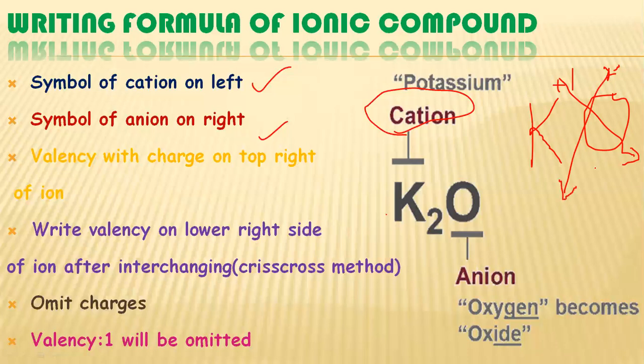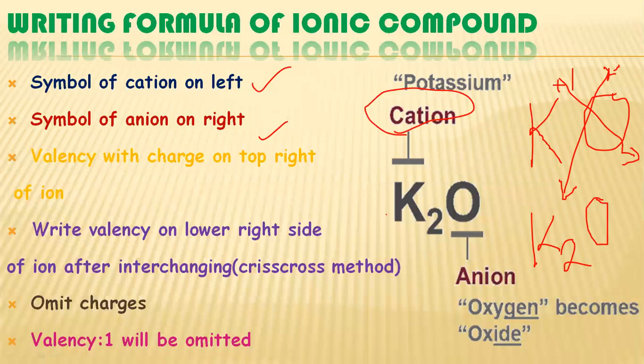Cross multiplication. But here we don't multiply. Actually, we just put from superscript up to the subscript, but on the opposite sides. So now here will be potassium. The 2 will come at the back. We just omit its charges. K2, and O.